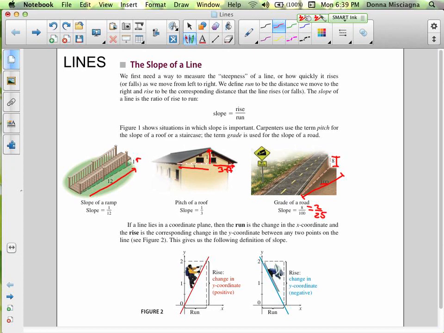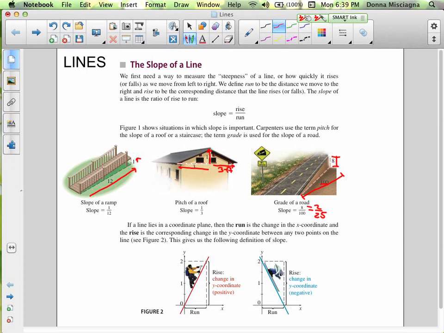So if a line lies in a coordinate plane, then the run is the change in the x-coordinate, and the rise is the corresponding change in the y-coordinate between any 2 points on the line. This gives us the following definition of slope. Right? So in our example there, we have the rise showing you the change in the y-coordinate.